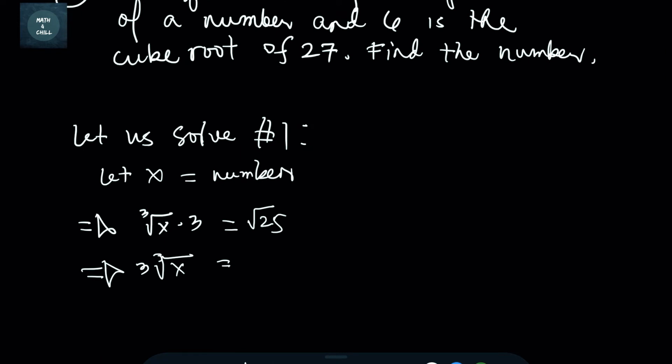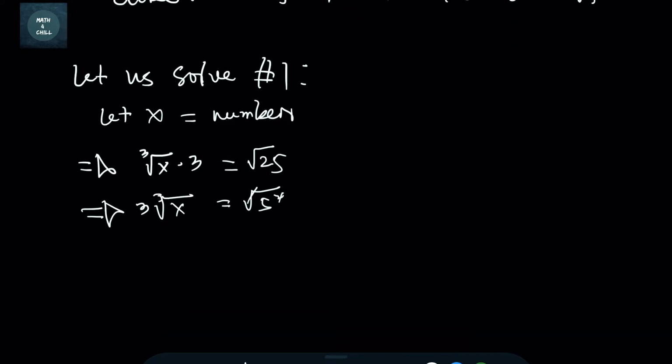The square root of 25 is 5, right? This is equal to the square root of 5 squared. The radical symbol and the square cancel, leaving 5. Then next, we simplify further.